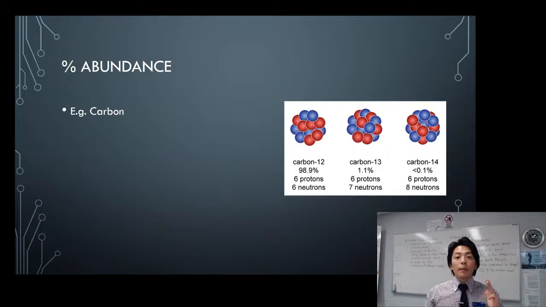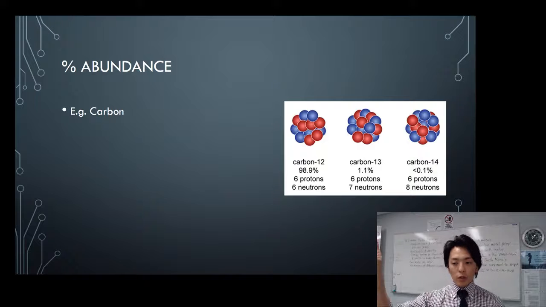So they are the percent abundance of each isotope if you had a bunch of carbon. Even if you had pure carbon, if you're looking at naturally occurring ones, carbon would have that percentage for each isotope.